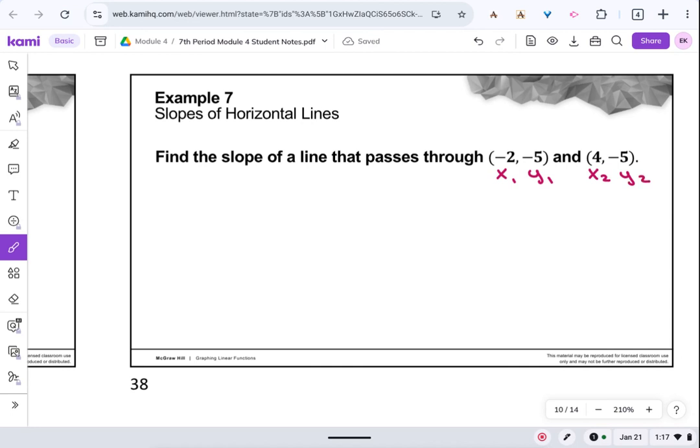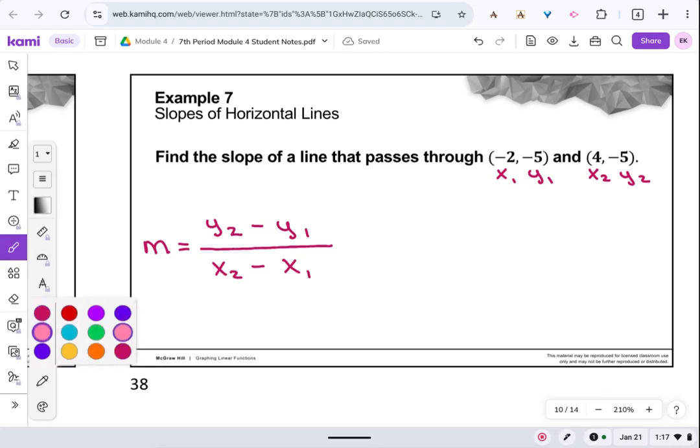We're going to start with m equals, and I'm going to write out our whole thing here. So y2 minus y1, x2 minus x1. We're going to take out our x and y values.